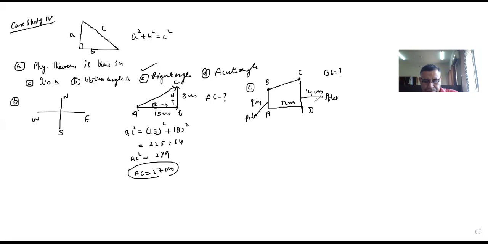So the distance between two of them is 17 meters or 12 meters. So what have you written? 12. Okay, AD is equal to 12 meters.